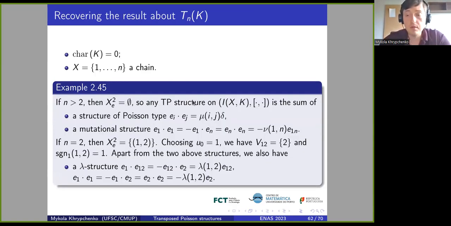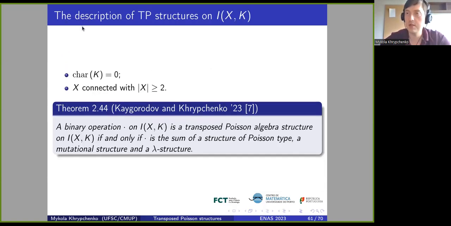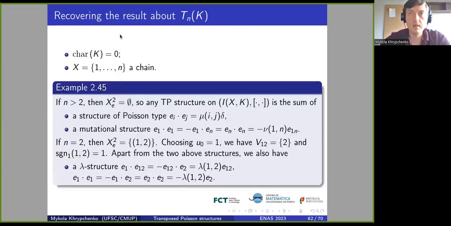I have also prepared some examples, but I think I have no time for that. In the case of the general chain on the incidence algebra, it just generalizes the case of upper triangular matrices. So I have Poisson type structure, and I have mutational structure whenever n is greater than 2. And in this case, I have no extreme pairs, no lambda structures.